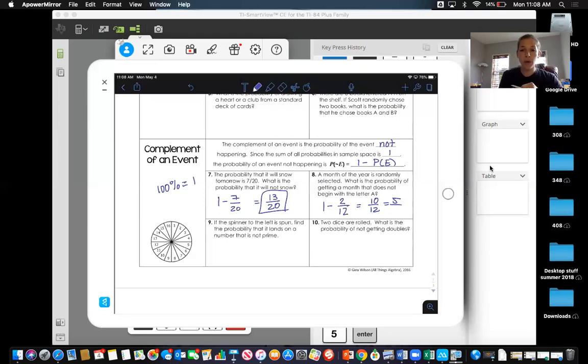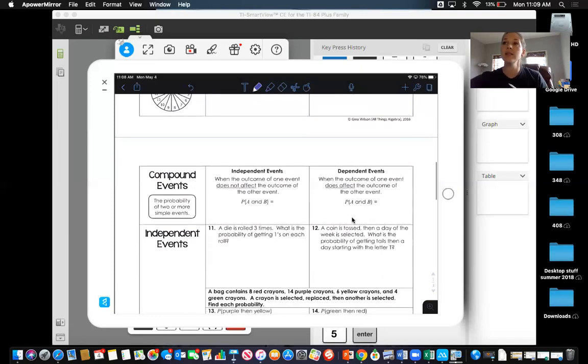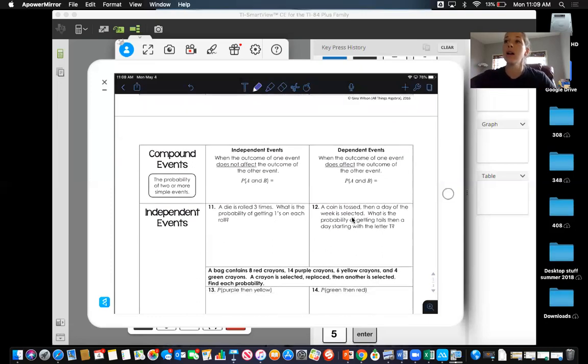So let's move forward. When we're looking at compound events, there are independent versus dependent. Independent means one does not affect the other. So you're looking at the probability of rolling a die and picking a card. The outcome of my die rolling does not affect the outcome of my card picking.